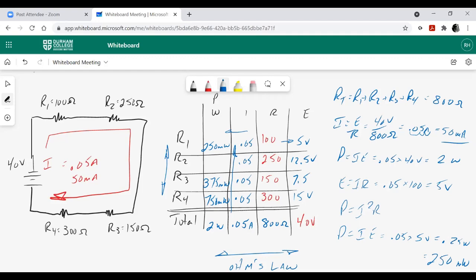So R2 is going to be 0.05 times 12.5, 625 milliwatts. And again, if I add all those powers up, it should give me 2 watts. Does everybody see what I did there, or did I move too fast? Did I get going too fast and lose a bunch of you?